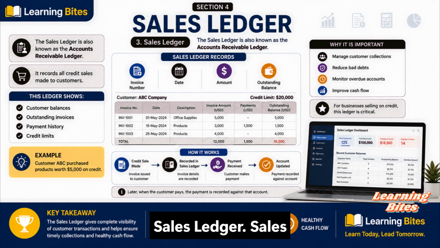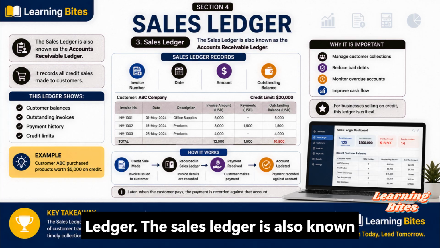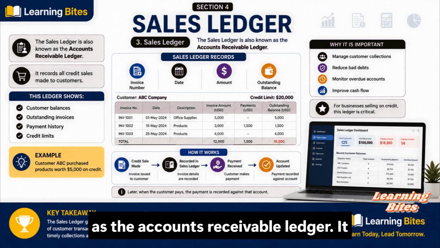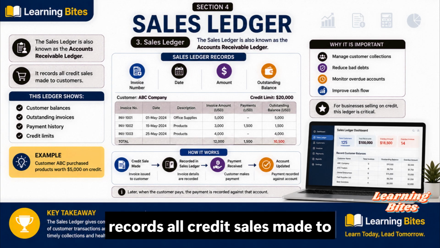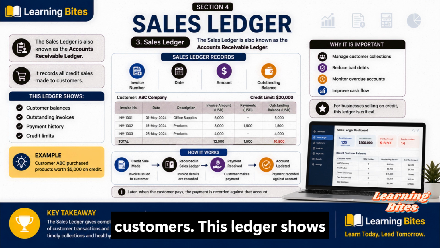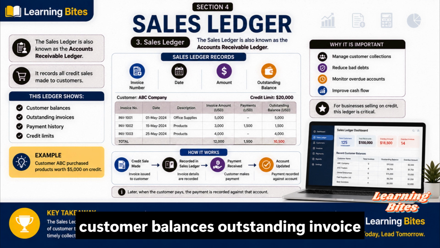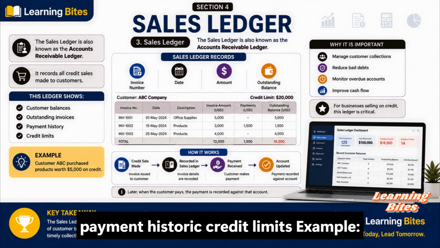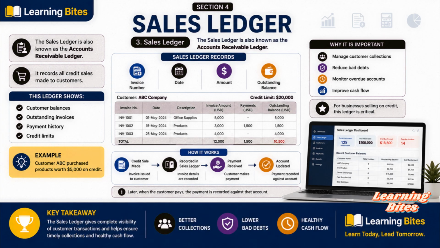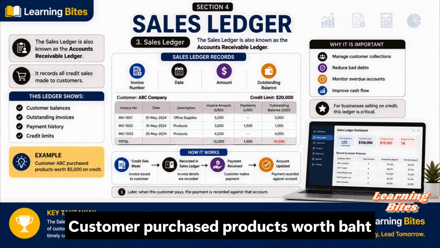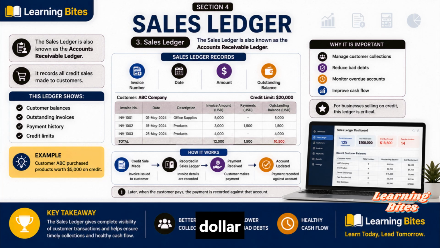Section C. Sales Ledger. The sales ledger is also known as the accounts receivable ledger. It records all credit sales made to customers. This ledger shows customer balances, outstanding invoices, payment history, and credit limits. Example: customer A purchased products on credit.